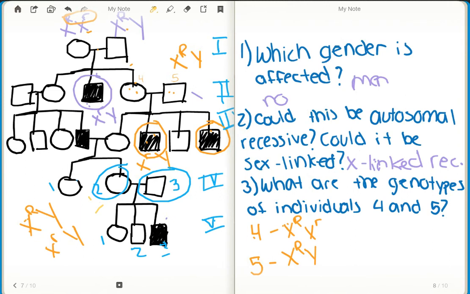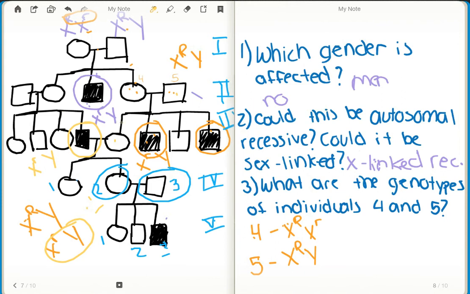So we know that they come from a dad who has the trait. So we know that this dad has this genotype. And we also know that the mom does not have it. But let's see what her parents were. So we know that individual 4 was a carrier, and individual 5 did not have the trait and was not a carrier for the trait for rolling their tongue.